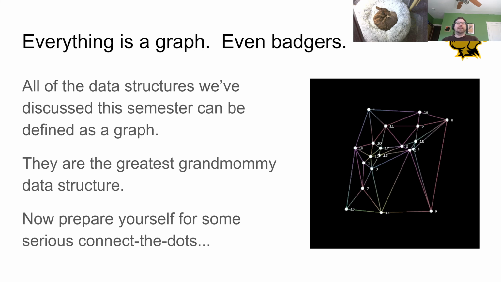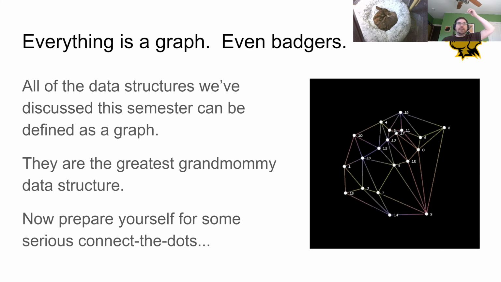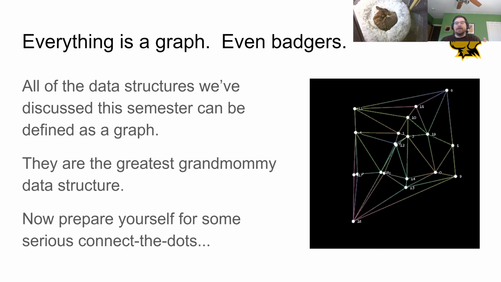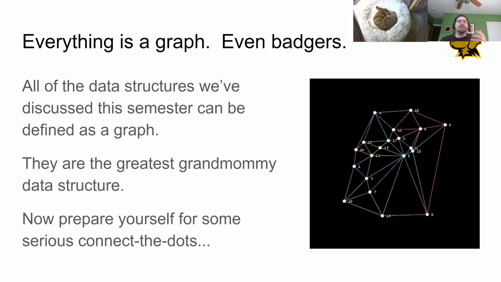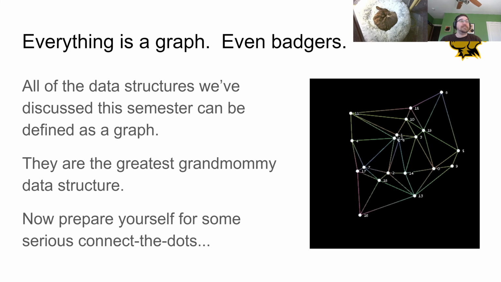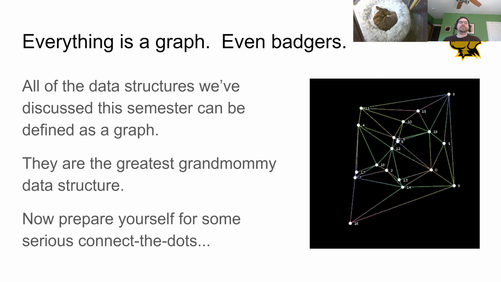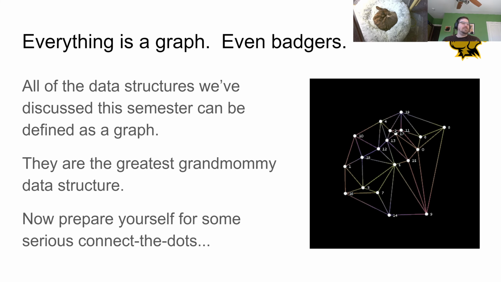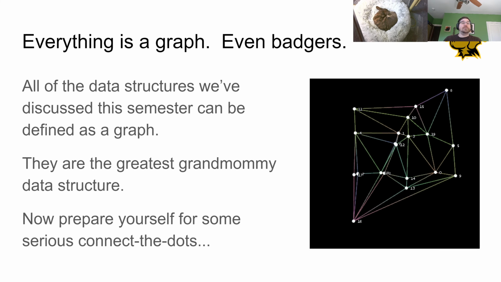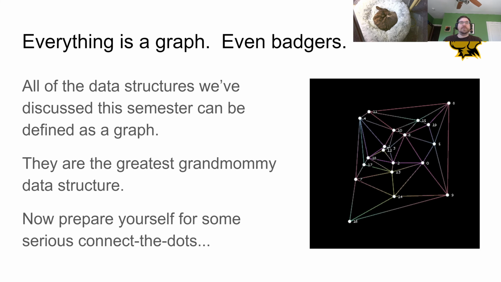They're sort of the greatest grandmommy data structure, in the sense that everything can be described as a graph, just like how we've been learning about circles, rectangles, pentagons, parallelograms, and now we're finally saying all of these things are what's called a shape, right? So today we have something where balanced binary search trees, hash tables, lists, heaps, and so forth are graphs. They're kinds of graphs. So let's get ready for some connect the dots.